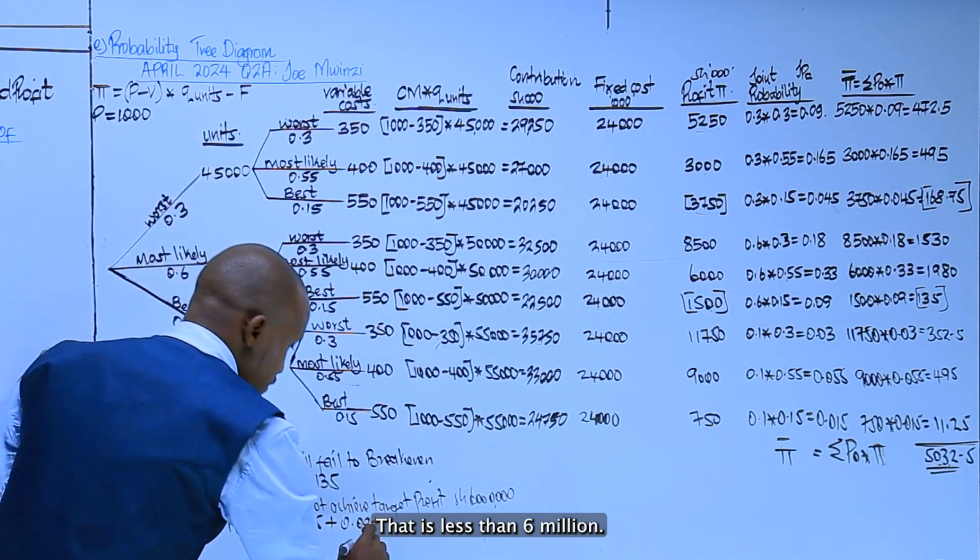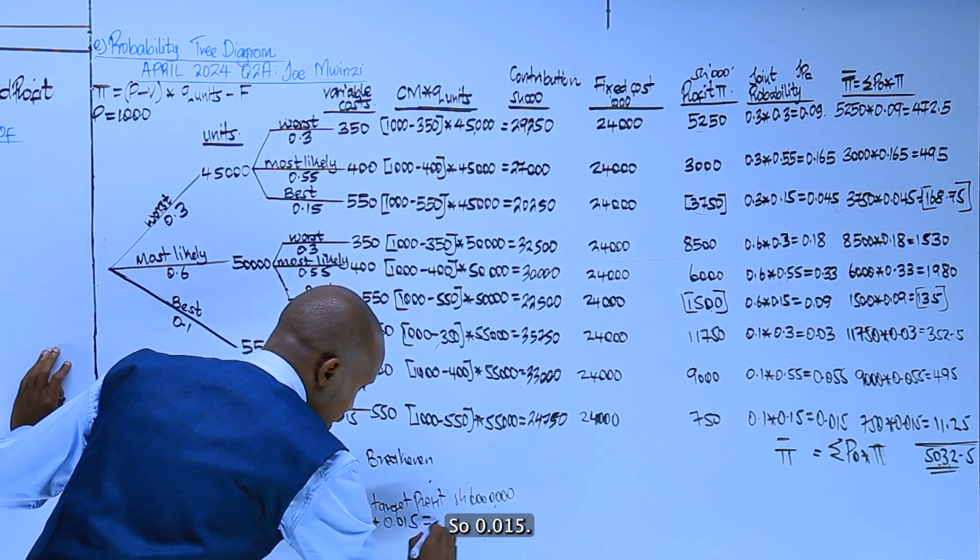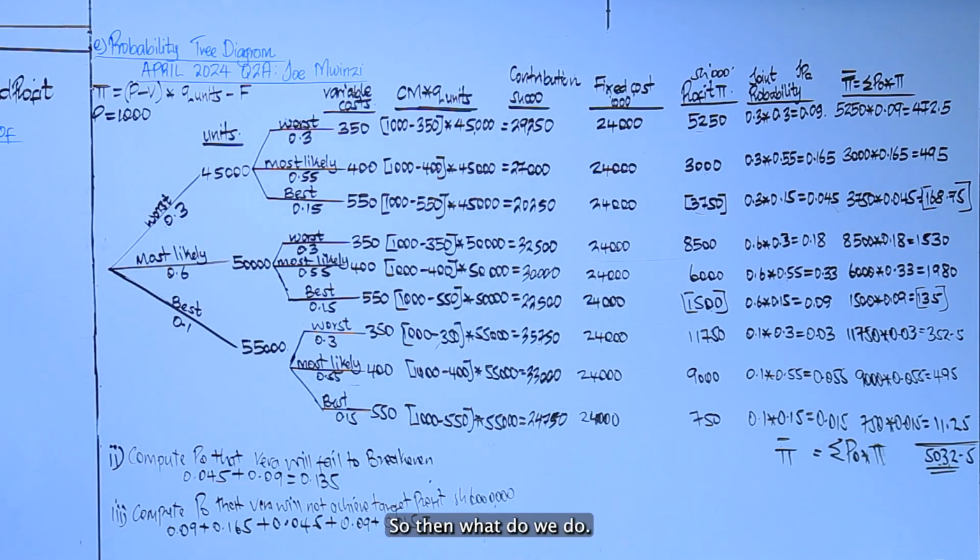That is less than 6 million, 0.015. So we simply now get the total.